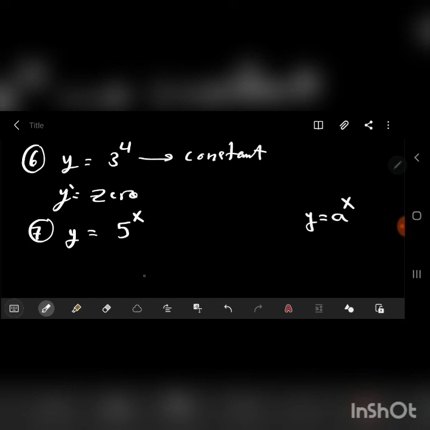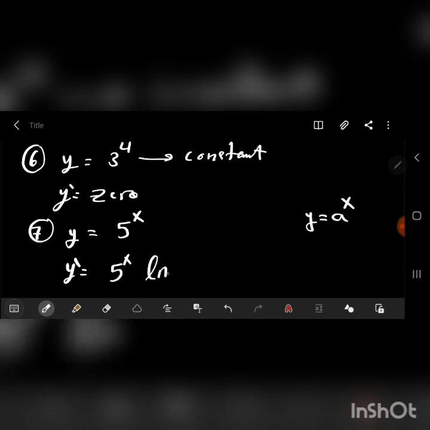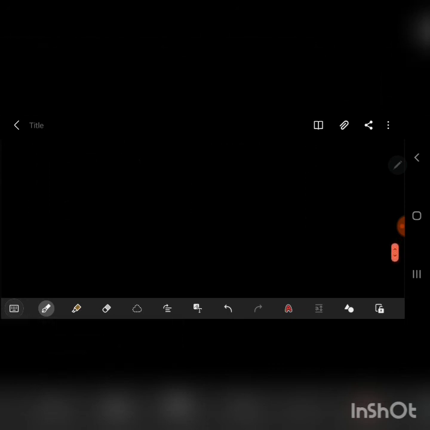So here its derivative will be 5 to the power x, the same, times ln of the constant, ln of the base. Okay? I gave you more than one example to understand this subject.